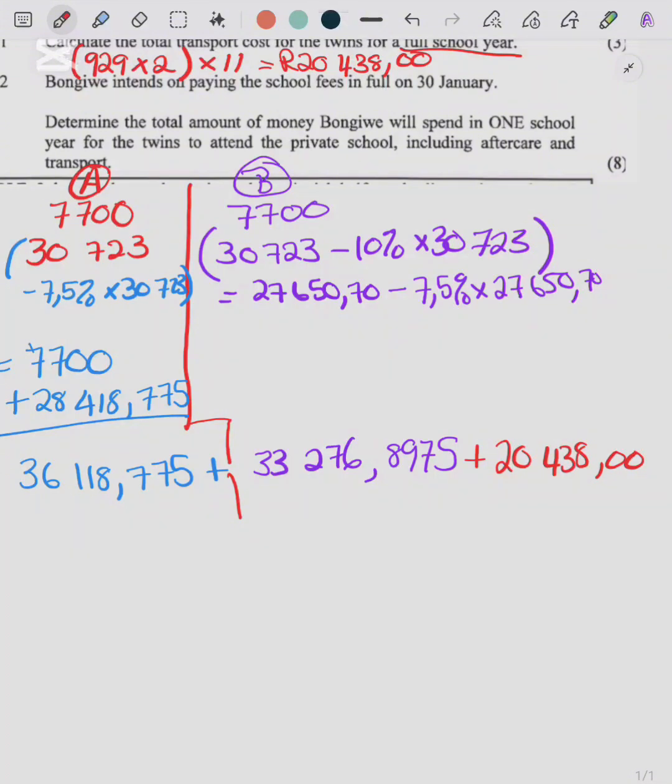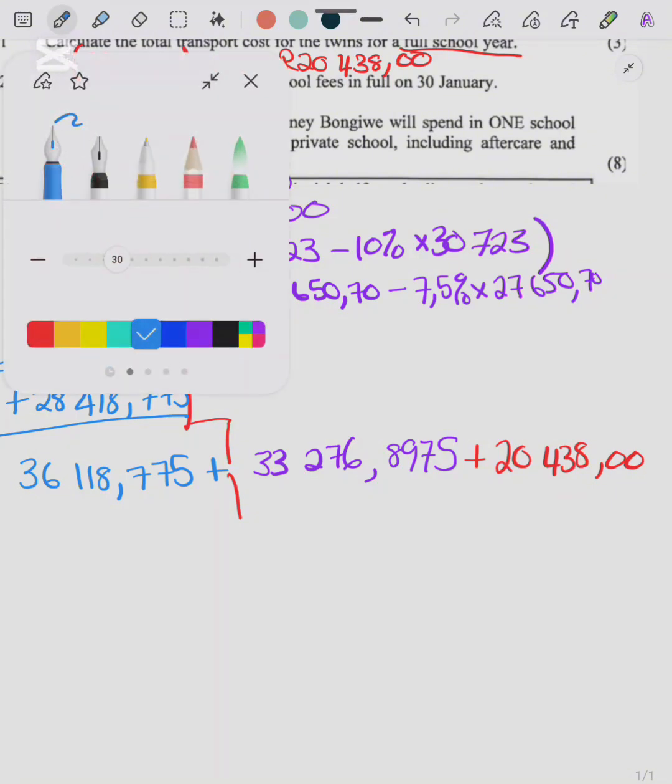And then if we add that together, child A, child B, and their transport. By the way, you could have also done the transport when you were doing how much is transport for child A, added in, child B added in, and then put it all together. The only reason I didn't do that is because we already had that transport amount. We don't need to recalculate it.